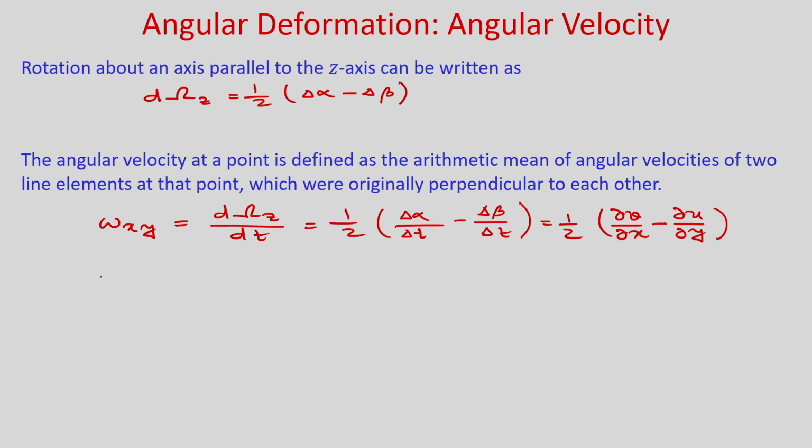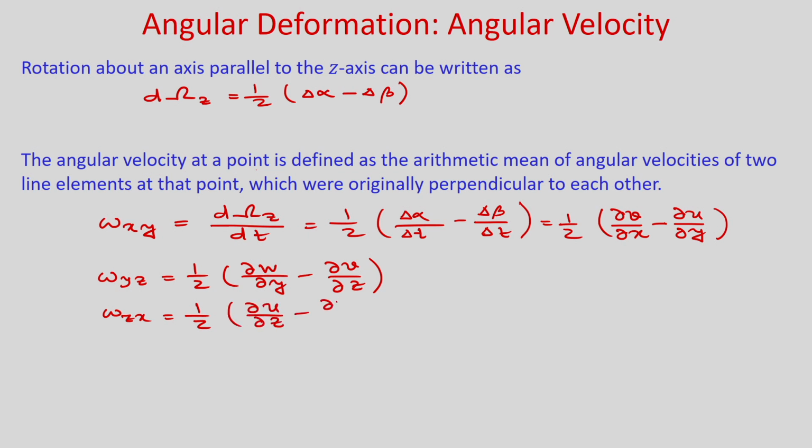Now we have represented the angular velocity in terms of the velocity gradient, and similarly the angular velocity about the other axes we can write as omega y z is equal to half del w by del y minus del v by del z, and omega z x is equal to half del u by del z minus del w by del x.